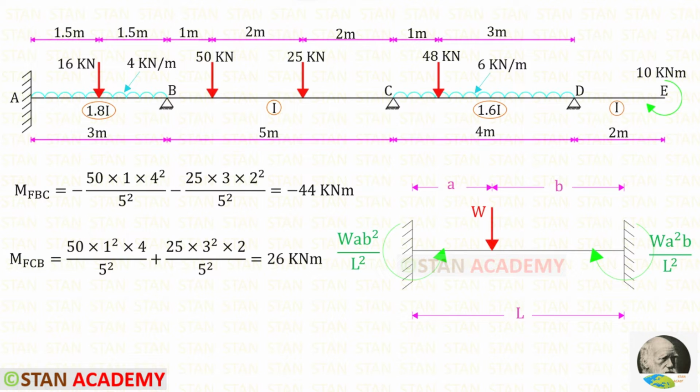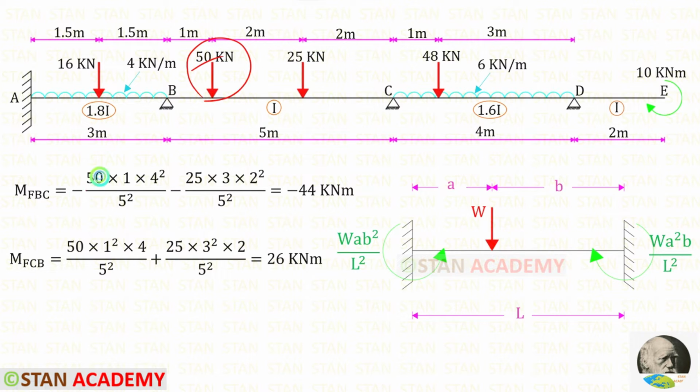Now let us take the span BC. In the span BC, there are two eccentric point loads, 50 kilonewton and 25 kilonewton. If in the fixed beam there is an eccentric point load, the formulas to find the fixed end moments are WAB square upon L square and WA square B upon L square. First, let us take this load.